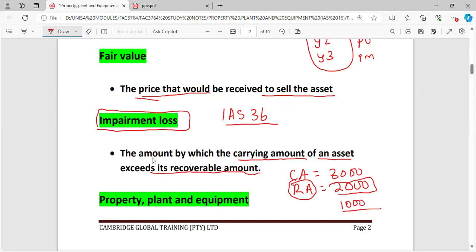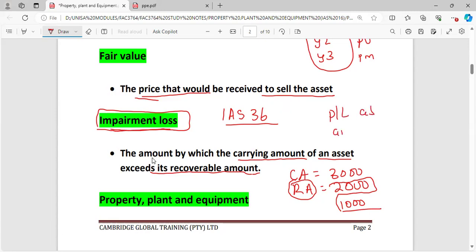Impairment loss is going to be an expense in the profit and loss. So if the question requires you to disclose the impairment loss in the financial statements, it means you are going to disclose it in the profit and loss as an expense.